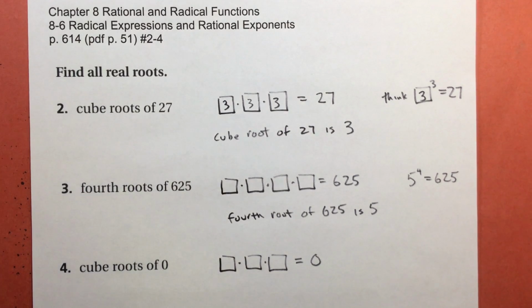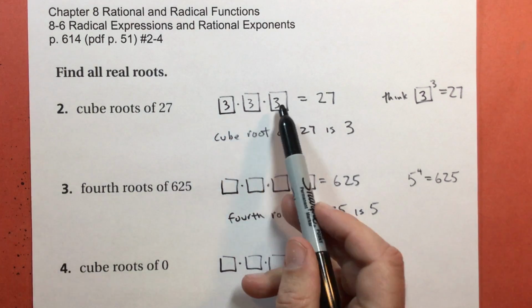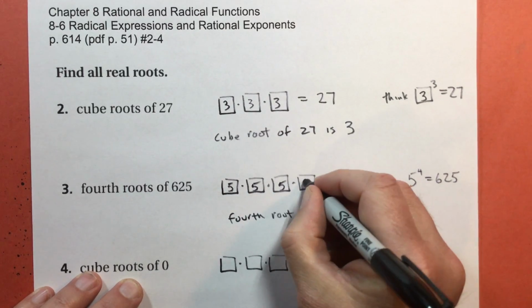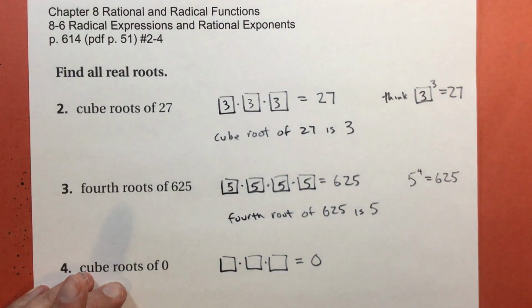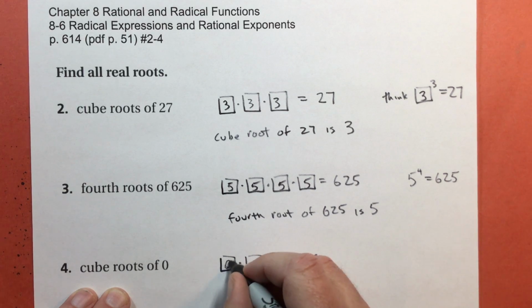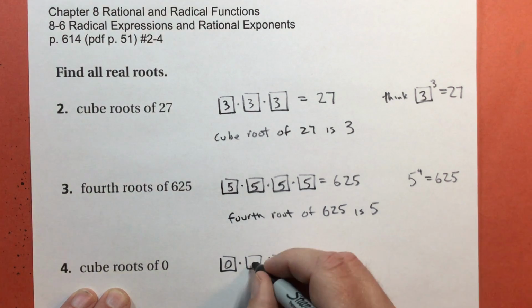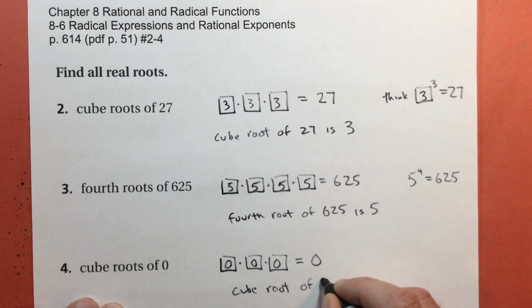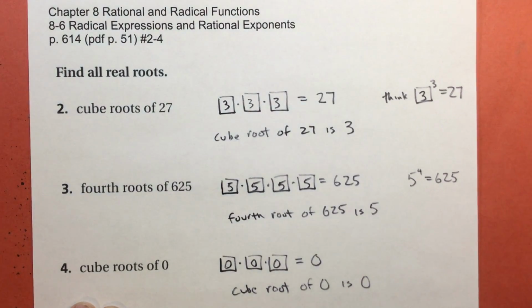The key to this is that all of these have to be the same. Just like 3 times 3 times 3, they were all 3s. This one was 5 times 5 times 5 times 5, they were all 5s. So I know the only way to multiply and get 0 is if one of them was 0. And since I'm finding roots, that means that all of them have to be 0. So the cube root of 0 is 0.